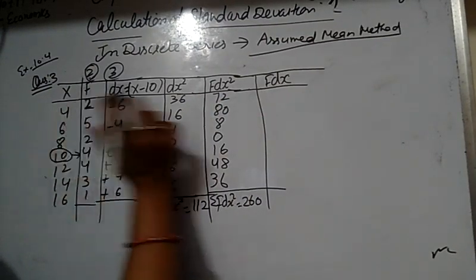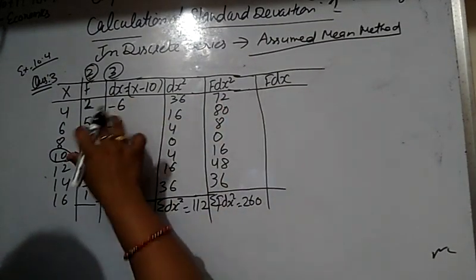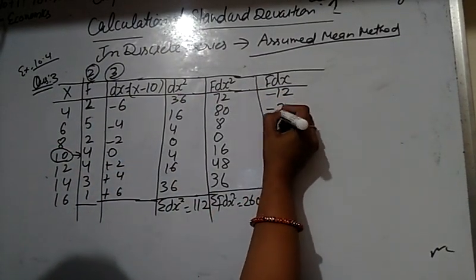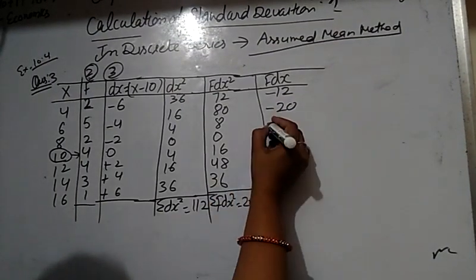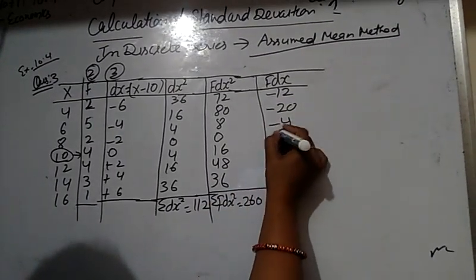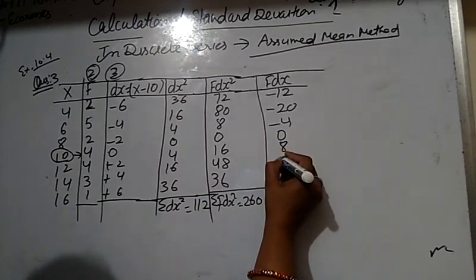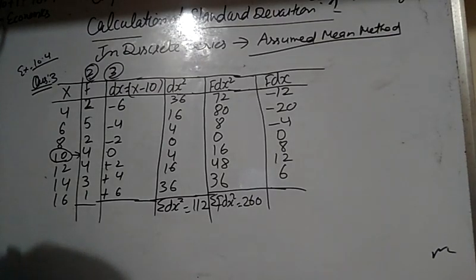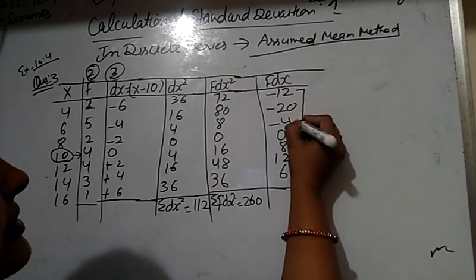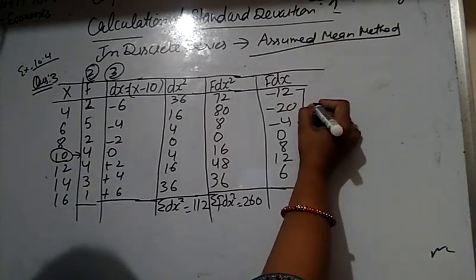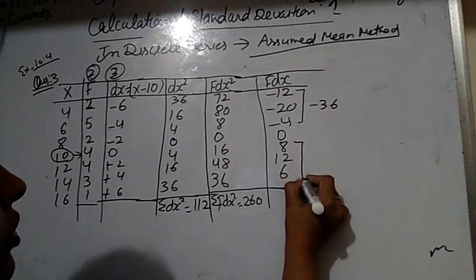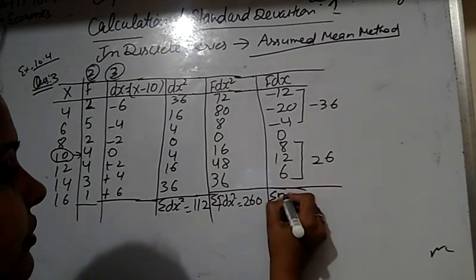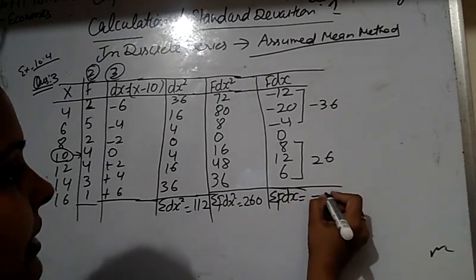So f into dx is 2 into minus 6, minus 12, minus 20, minus 4, 0, 8, 12 and 6. Now we do the total of the f dx column. The total of all the negative values is minus 36. The total of all the positive values is 26. So sigma f dx is equal to minus 10.